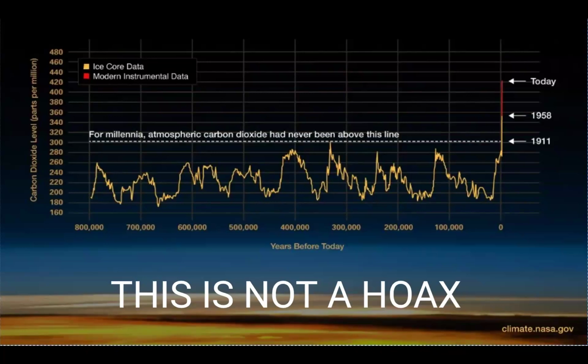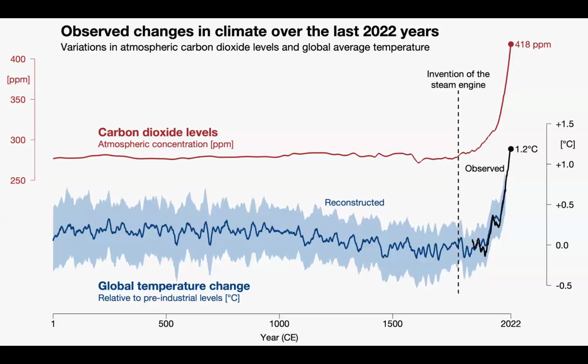And it's not just that they're high, it's that they have gone up basically in correlation with the start of the Industrial Revolution. We do know that the planet ebbs and flows with how much carbon is in the atmosphere. That's part of the natural process, but the fact that it has increased so dramatically in just the last 150 years can be directly correlated with the human causes of spewing greenhouse gases into the atmosphere.